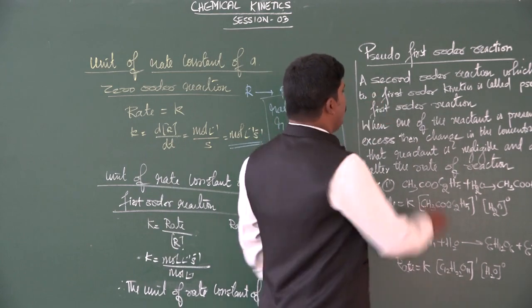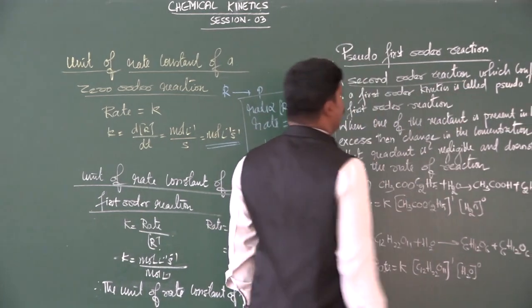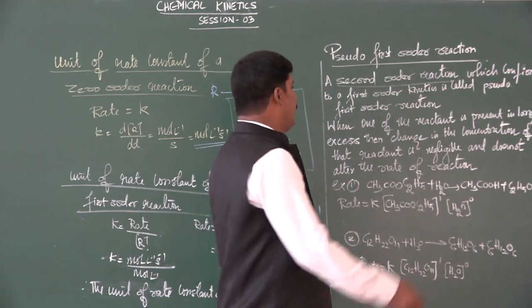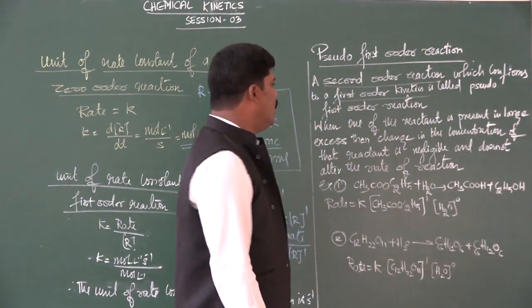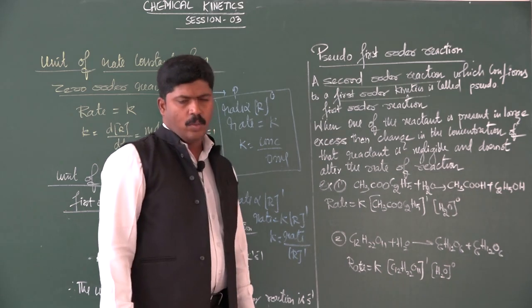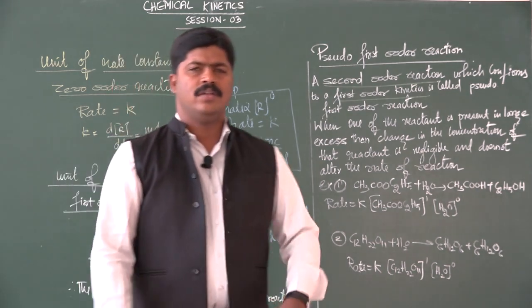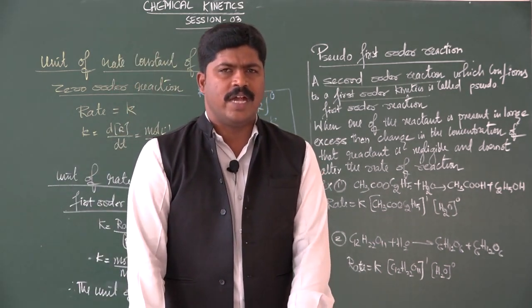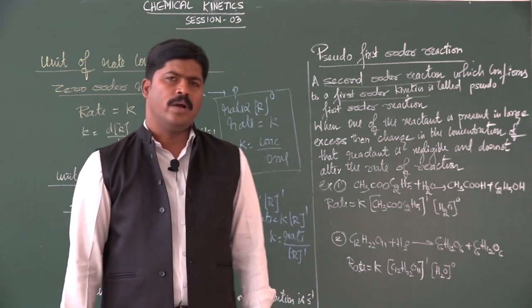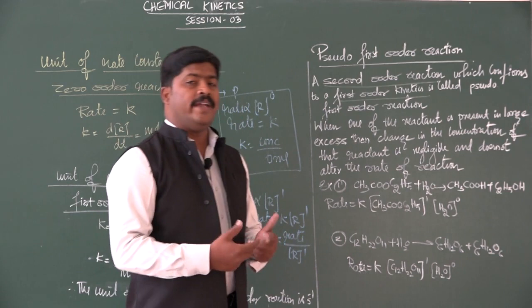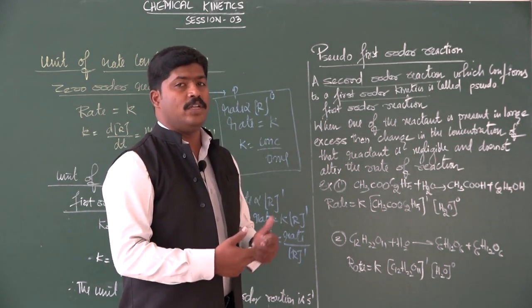A second order reaction which follows first order kinetics is called a pseudo first order reaction. You can ask me, sir, what about the other reactant? There are two reactants. Why is one of the reactants not involved in the rate, what is the reason? Even though it is second order, why does it follow first order kinetics?